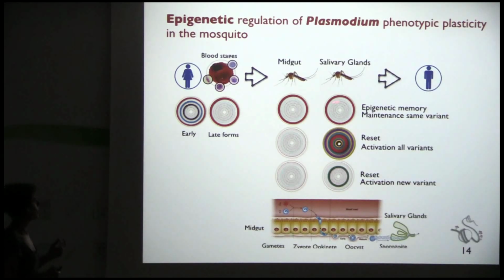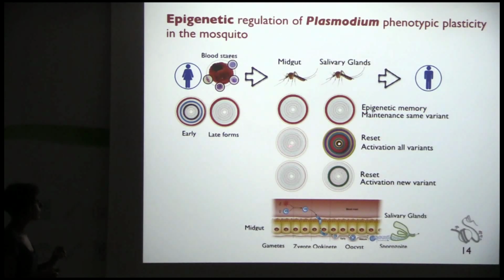And then what happens in the mosquito? Remember that here there is sexual reproduction, so in theory, all epigenetic marks should be erased. So it may be that the same variant is maintained, so there is an epigenetic memory.